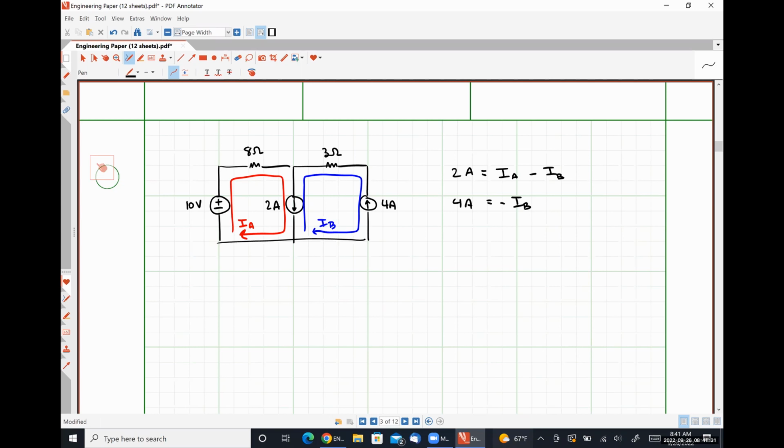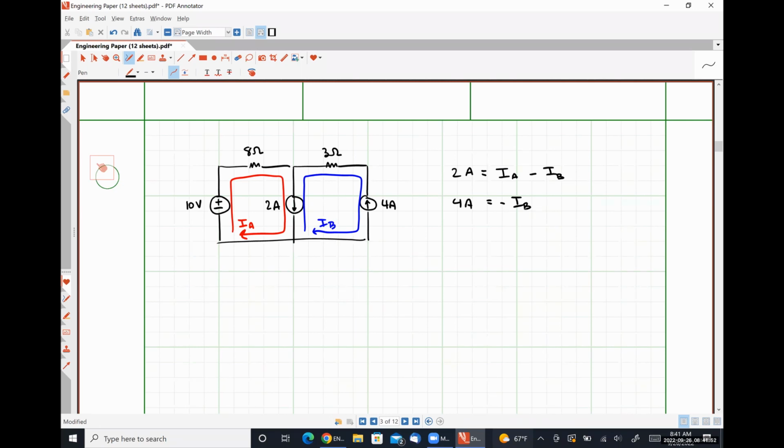In your in-class assignment problem, I believe your 3rd problem, it takes it one step further. There is also another loop that you will have to write a KVL equation for. But effectively, I'm trying to think of how to describe this.